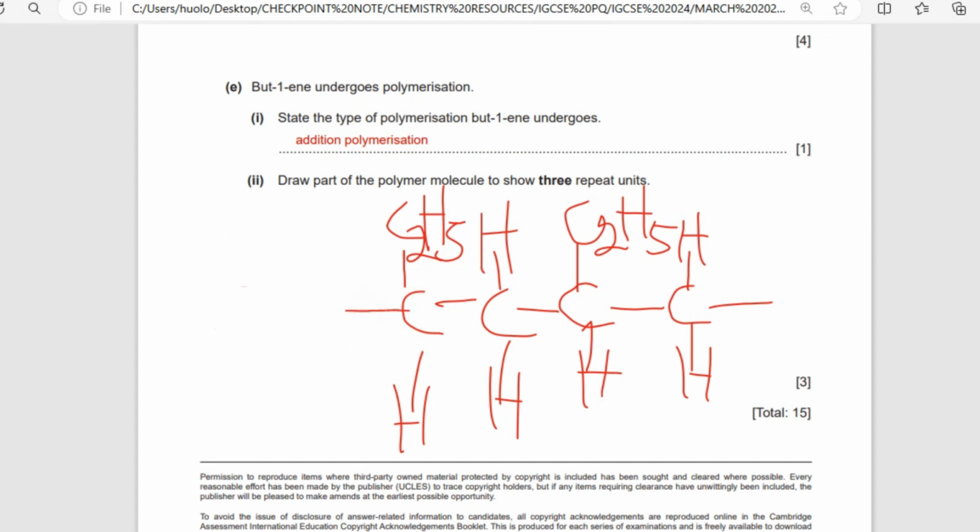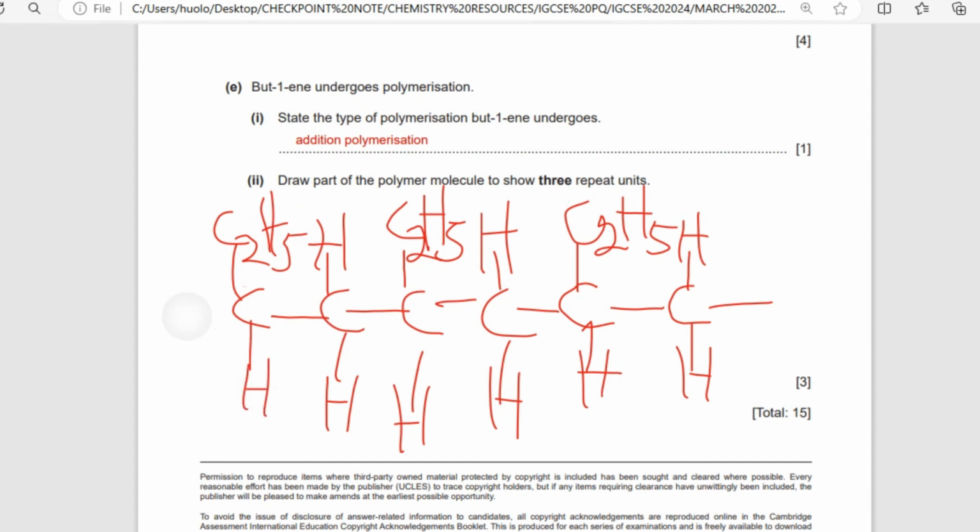We come here again to see a situation where to make it the 3 units. Okay, to make the 3 units, so you have C2H5 and you have H here. You draw a continuation bond. So for every repeat unit, you will need a continuation bond. This guy, we are referring to it as a continuation bond.